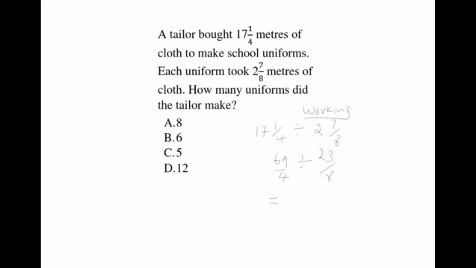Then this will be equal to 69/4. We change the sign to times, then take the reciprocal of 23/8, which is 8/23. 4 goes into 4 once, and into 8 twice, then 23 goes into 69 three times, so we take 3 times 2, which is 6. So the number of uniforms the tailor will make is 6, which is B.